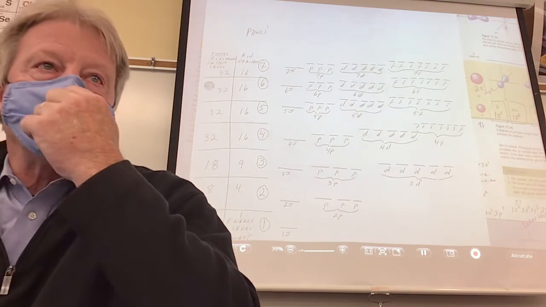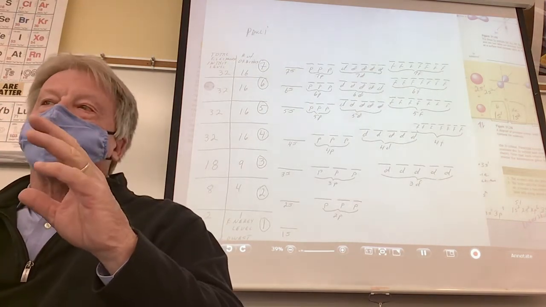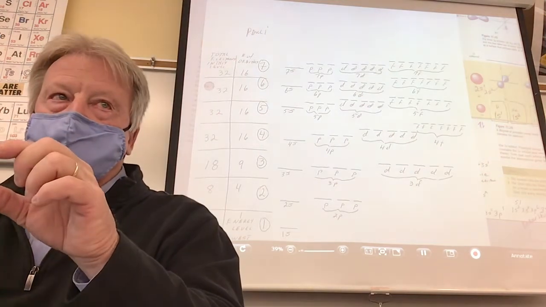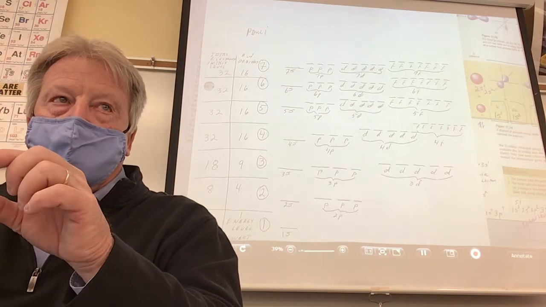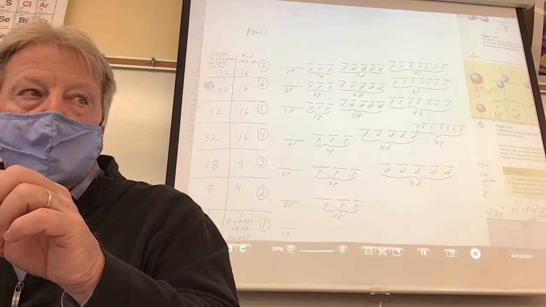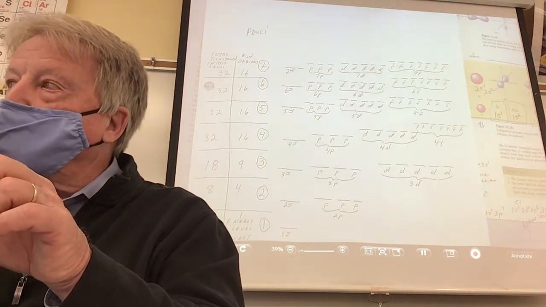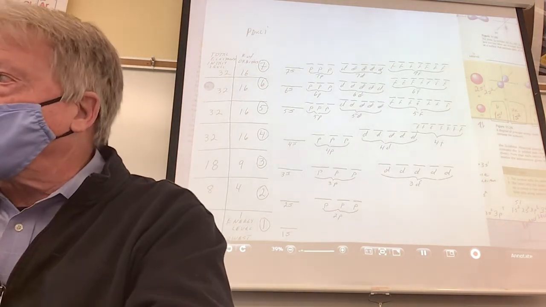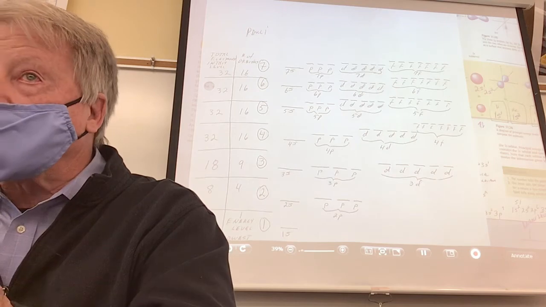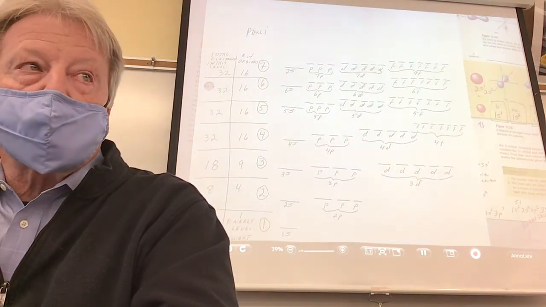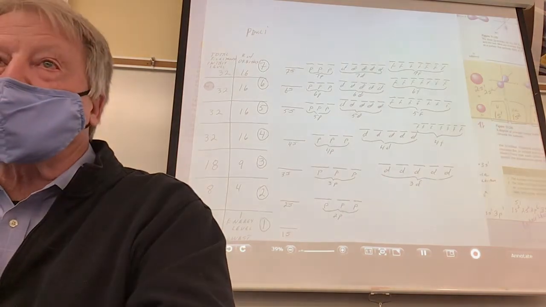If I had a wire, and I did this early with Faraday, if you had a battery and a wire, and you let electricity go through the wire and through the battery, and you laid a little compass next to it, it would deflect the needle. Because the electricity going through the wire would create a magnetic field around it. That's pretty neat. But electrons are moving, and they have a charge. So guess what's around every electron?